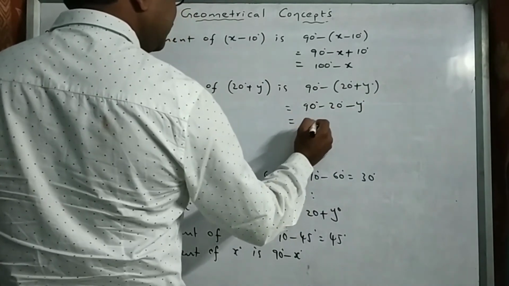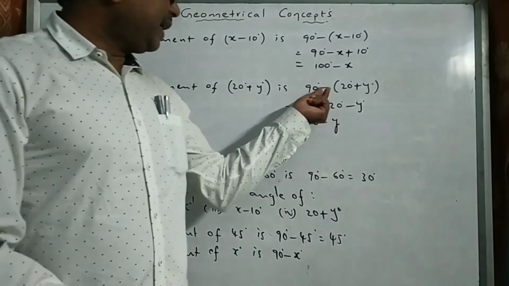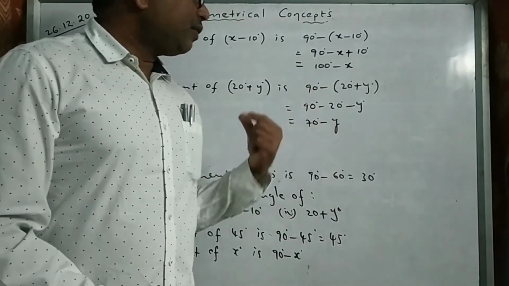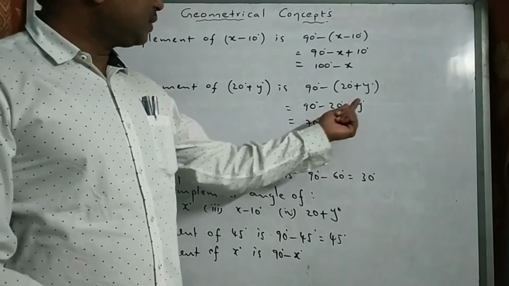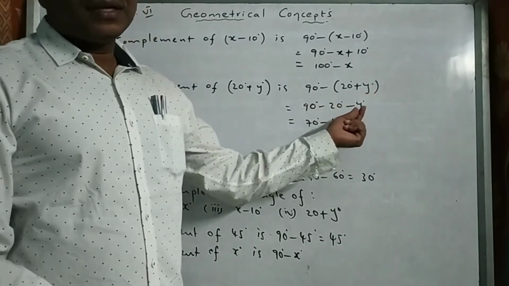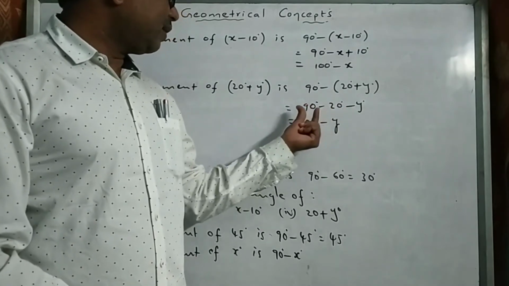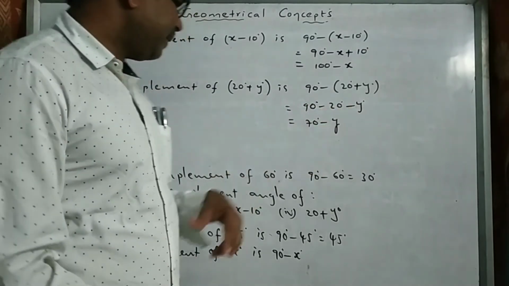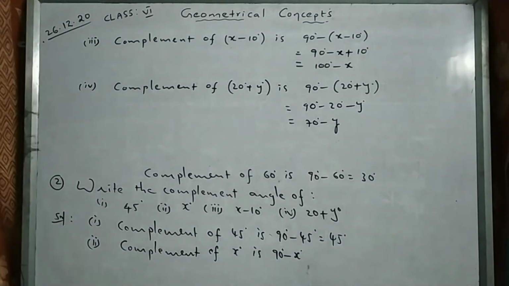Before the bracket, if there is a negative, you have to change the inside symbols. So plus 20 becomes minus 20, plus y becomes minus y. 90 minus 20 we can subtract because they are constants. 70 minus y. That is the final answer. Okay.